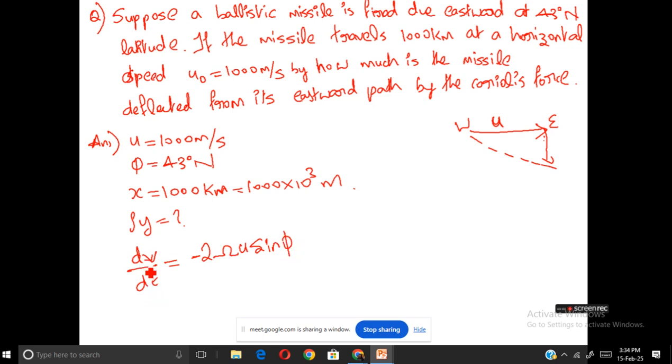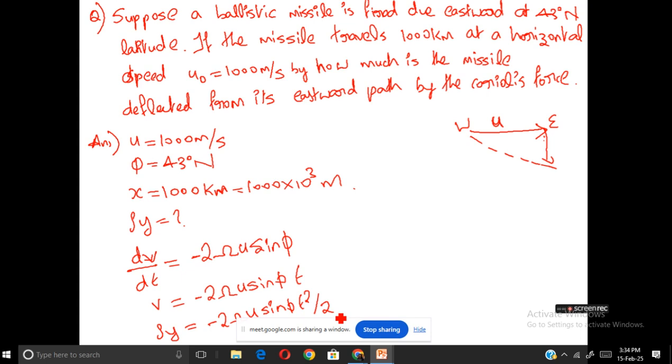Again, as we did earlier, we have to find delta y. First we integrate this, which gives v equal to minus 2 omega u sine phi into t. Integrating v, which is dy by dt, we get delta y equal to minus 2 omega u sine phi into t square by 2.